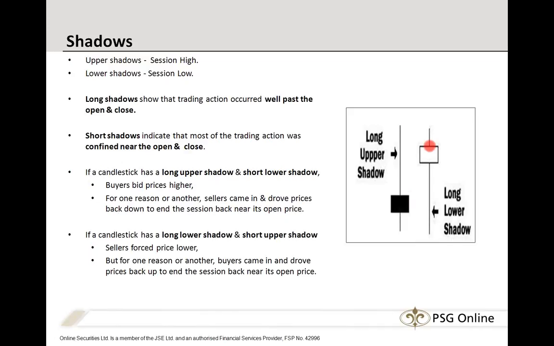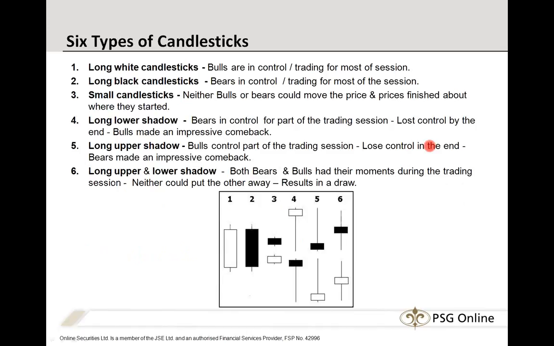So it's very important to try and anticipate the emotions behind the market. People are very bearish, very bullish, but at the end of the day, the buyers won or the sellers won.